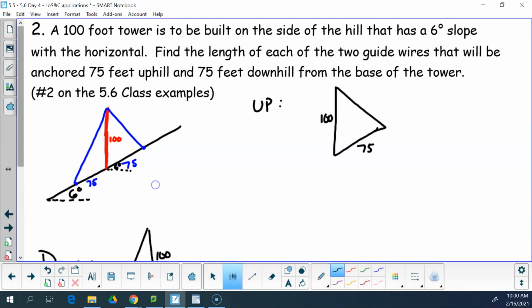So that angle, going green, that angle right there, that angle is going to be 84 degrees. Agree? So is this a law of sines or a law of cosines case? Law of cosines case. Yep.